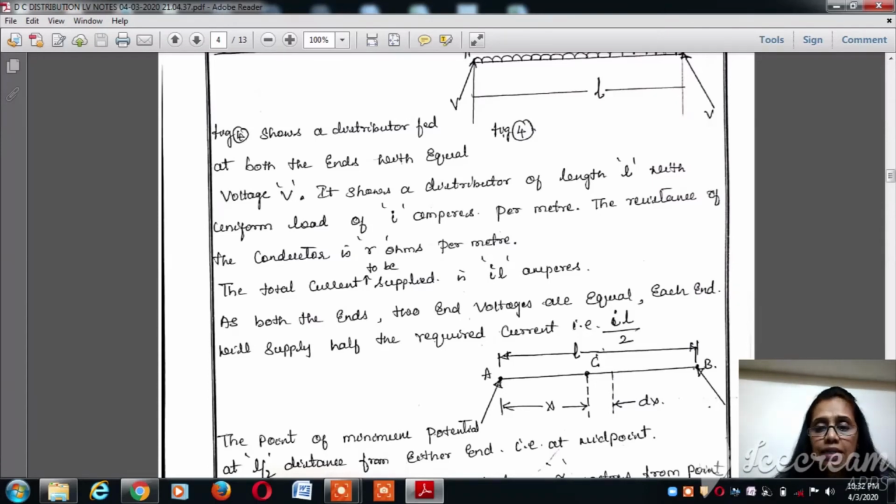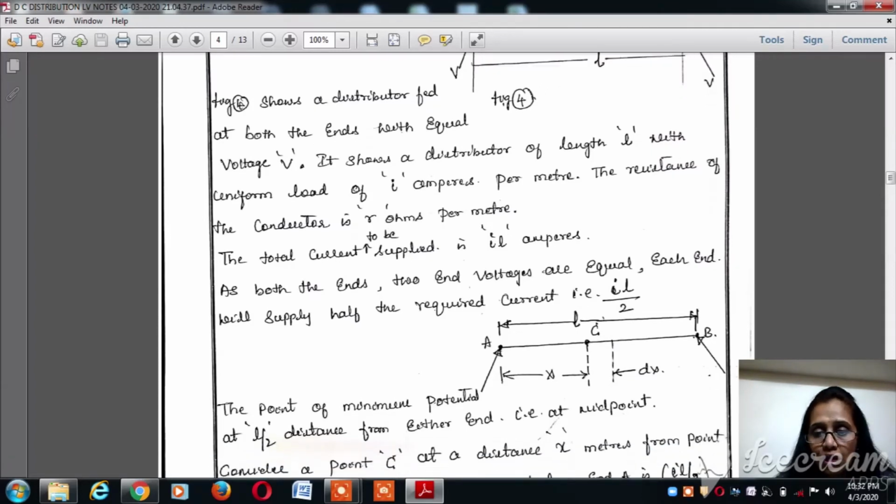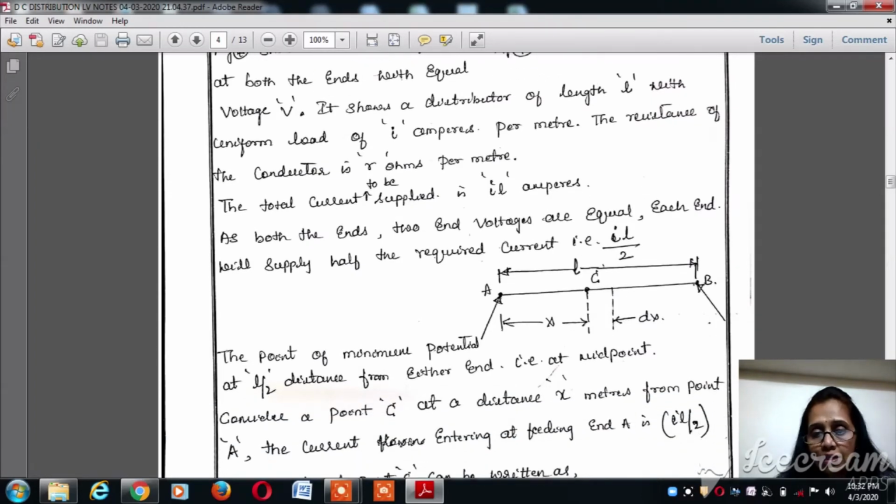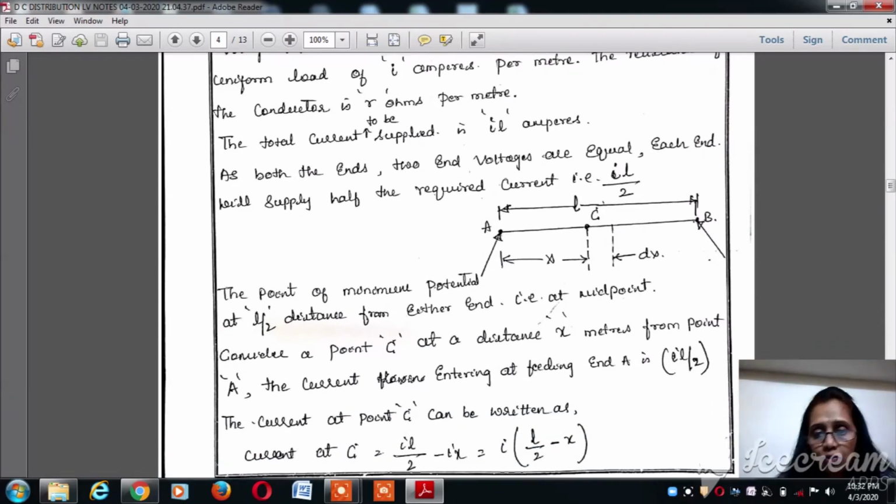That is, each end is going to give IL divided by 2. C is the midpoint, and let's consider this as the point of minimum potential, at a distance of x meters from the point A, and the current entering at the feeding point A is IL divided by 2.